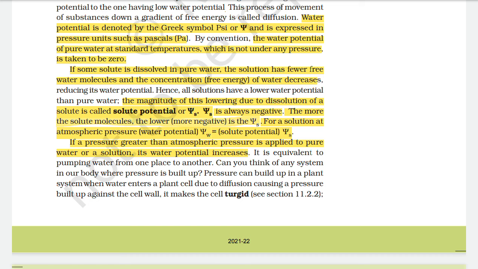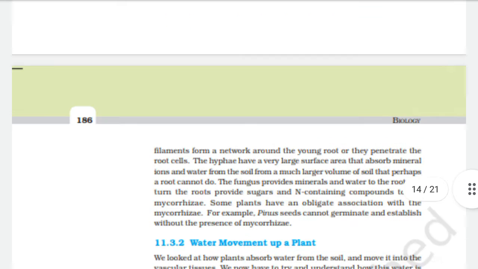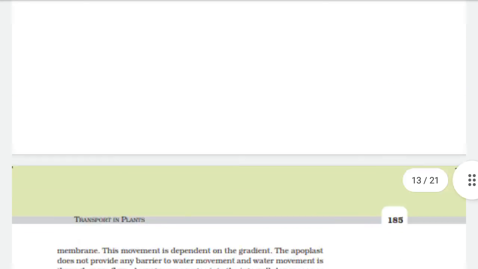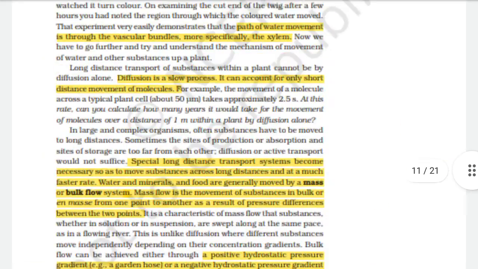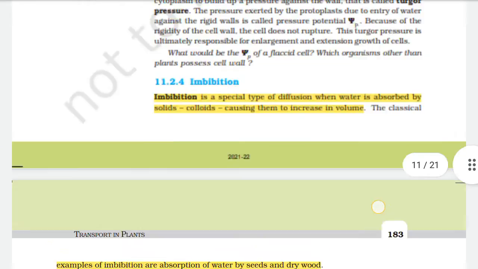If there is no pressure, then pressure potential will be zero. And for pure water, there is no solute even, so the solute potential will also be zero. Then the sum will obviously be zero. So in the case of pure water, which is not under any pressure, the water potential is zero.